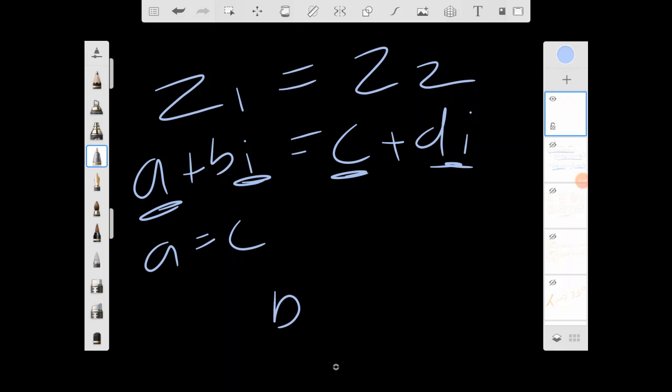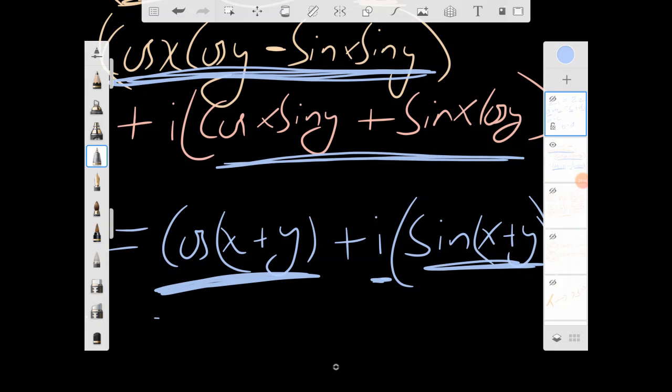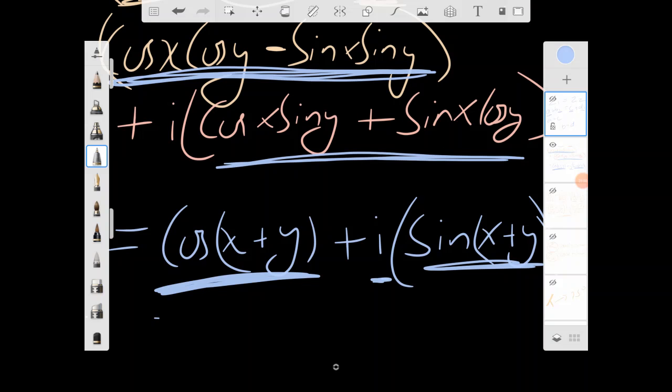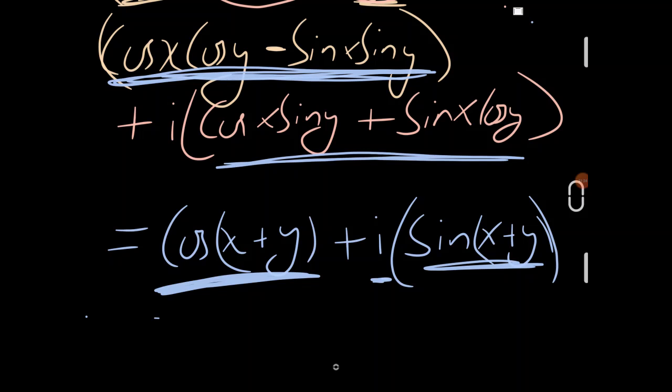That means b should be equal to d. Then only we can say it. So using this principle, we said the real part is this part, and we got it same, and the imaginary part is also this part, we got it same. Because we know trigonometry, now we know that it is actually the same thing.